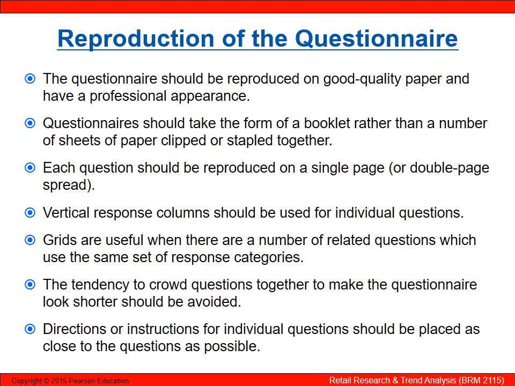Vertical response columns should be used for individual questions. It is easier for interviewer and respondent to read down a single column rather than sideways across columns. Sideways formatting and splitting, done frequently to conserve space, should be avoided. The tendency to crowd questions together to make the questionnaire look rather short should be avoided because it can lead to errors.